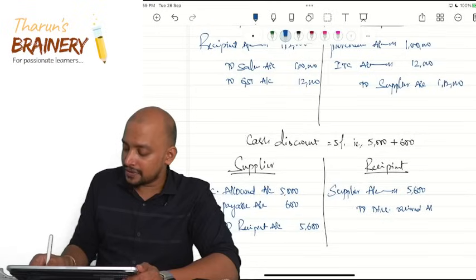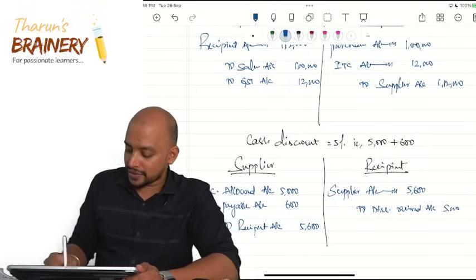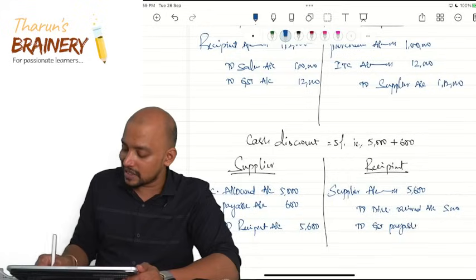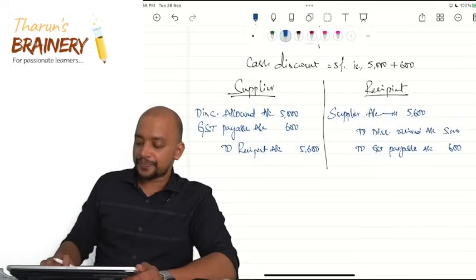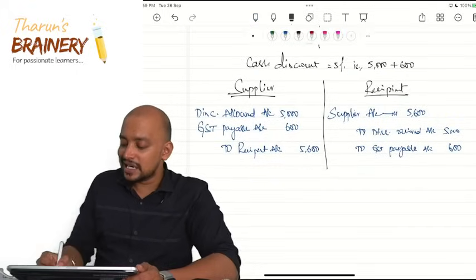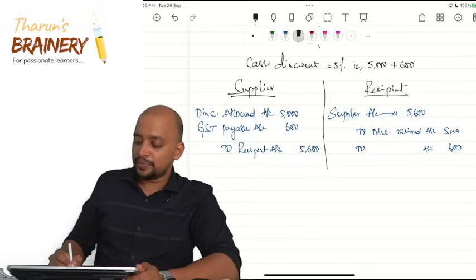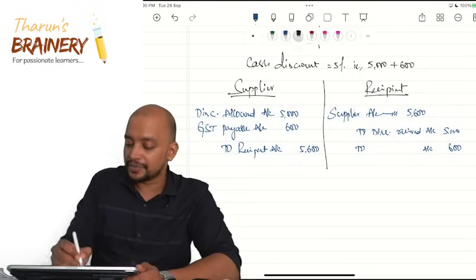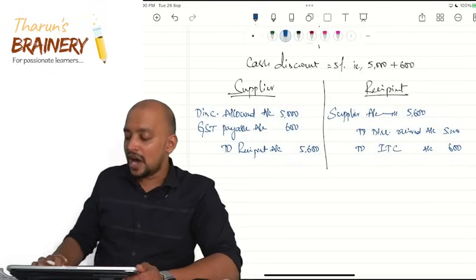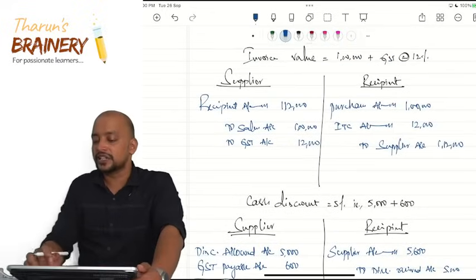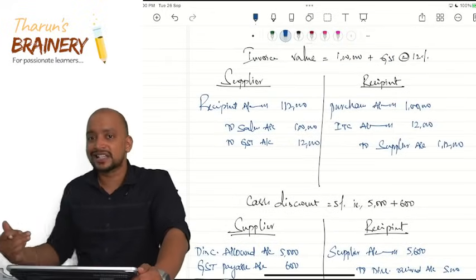What is the discount received account? 5,000 to GST payable account. What is the GST payable account? 600. Okay. Actually, instead of putting it as GST payable, we can put it as ITC account. Why ITC account? Because already he took the input tax credit of 12,000. Now that input tax credit will come down.